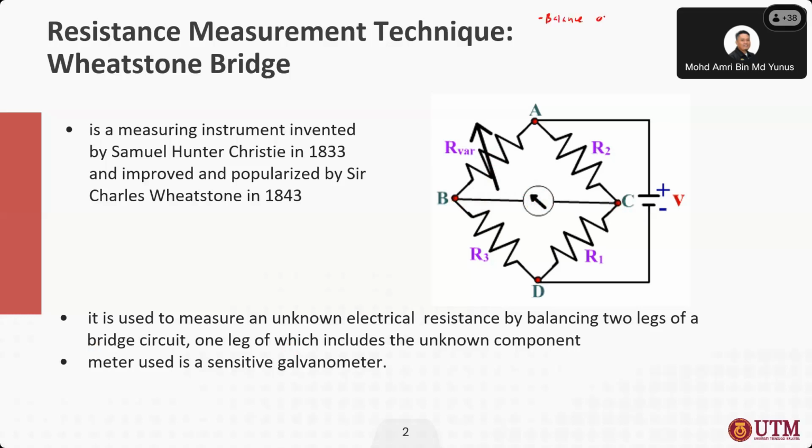Balance condition is achieved by adjusting the RF, or the variable resistor here, until it fulfills this condition, which is null condition or null detection, or in other words, zero deflection by the galvanometer or PMMC.